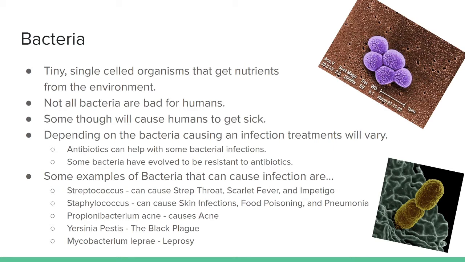Staphylococcus cause skin infections. They can cause food poisoning and pneumonia. A staph infection, you can see this is a staph bacteria up here. Depends on, obviously, the individual bacteria. There's different types, but also where the bacteria is.